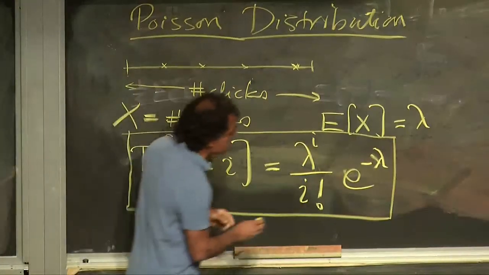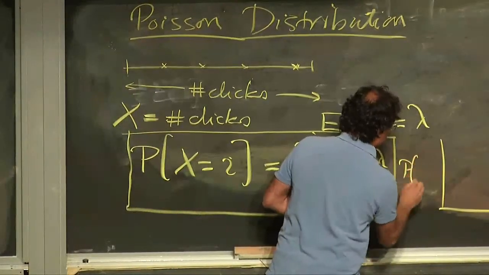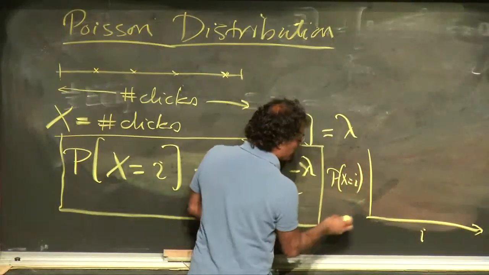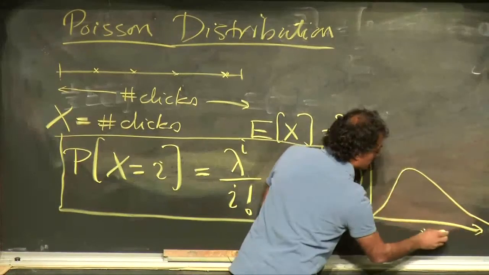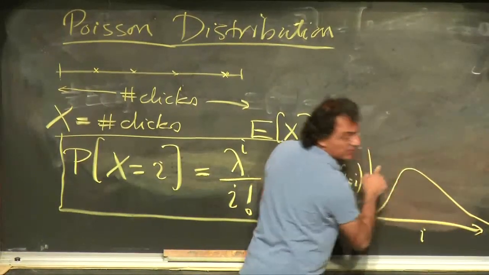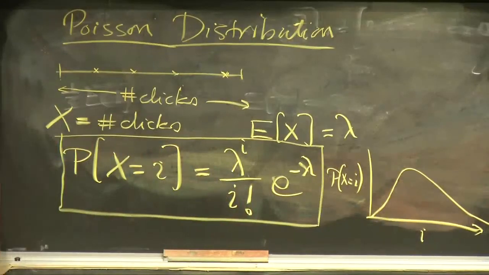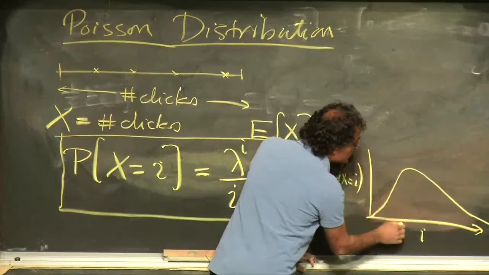Okay, and if you plot this out, i versus probability X equal to i, then the curve sort of looks like this. So it goes up for a little while, and then it goes down exponentially. Okay? And in fact, this peak occurs close to lambda.